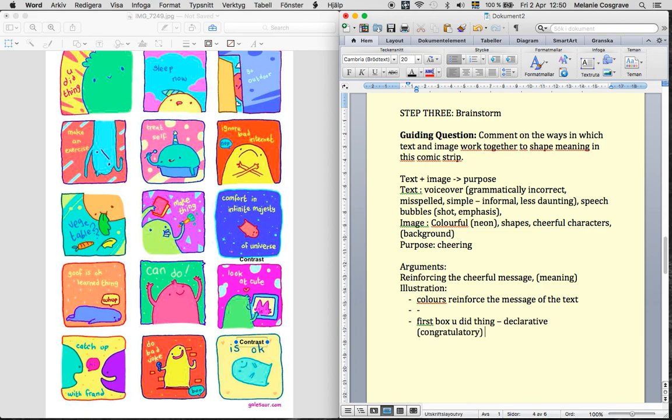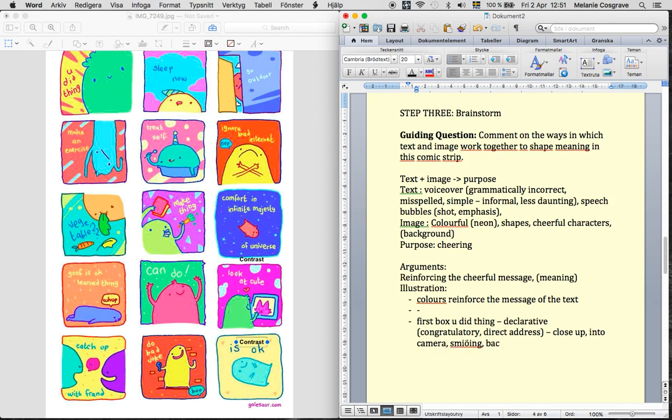And it is combined with a close-up of a face that is, it's a declarative and it is also direct address. It says "you." It's a close-up where the character is looking directly into camera, at the reader. And he is smiling.